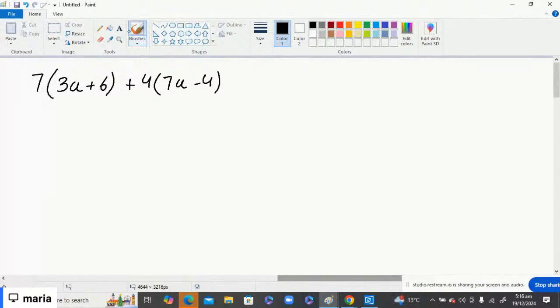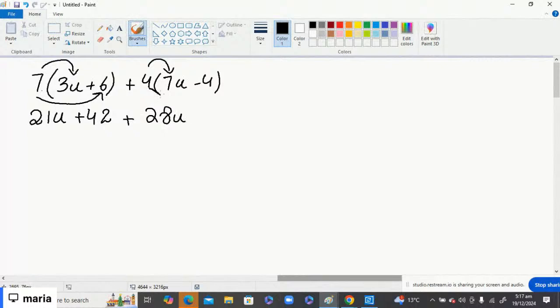Firstly, 7 times 3 is 21, and then u as it is, plus 7 times 6 is 42. Now plus, as it is, 4 times 7 is 28u, and plus minus 4 times 4 is 16.